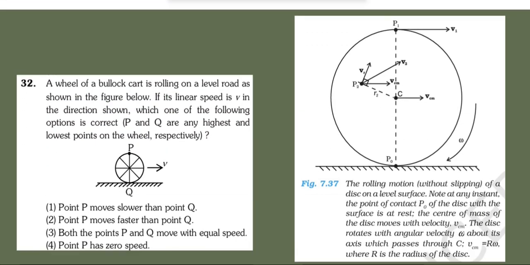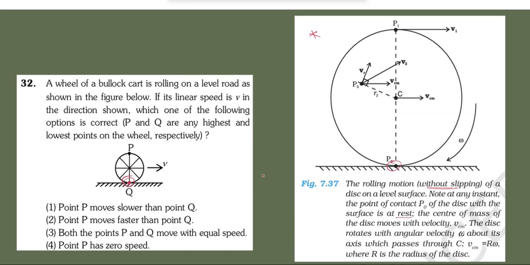And the next question is a direct point from this particular diagram in NCERT. If you observe this, if an object is undergoing pure rolling motion without slipping, the point P naught that is in contact with the surface is at rest. Here it is point Q given. It will always be at rest. Here that point is given as P naught.